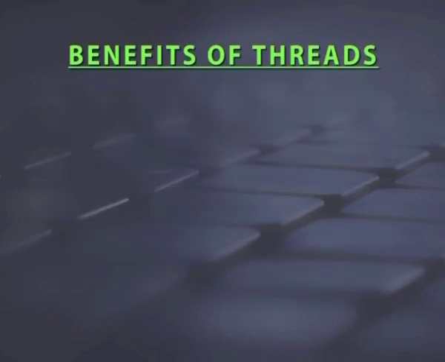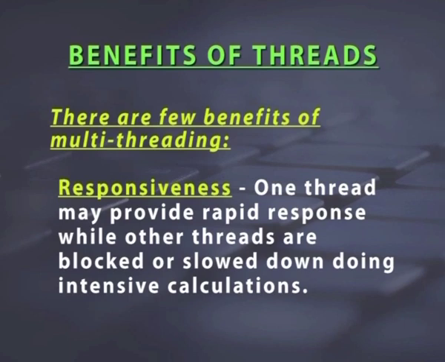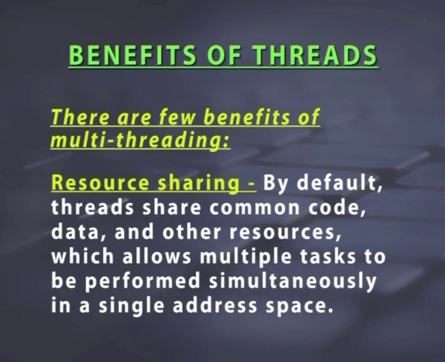Now, benefits of threads. There are a few benefits of multi-threading. First is responsiveness. One thread may provide a rapid response while other threads are blocked or slowed down doing intensive calculations. Second is resource sharing.